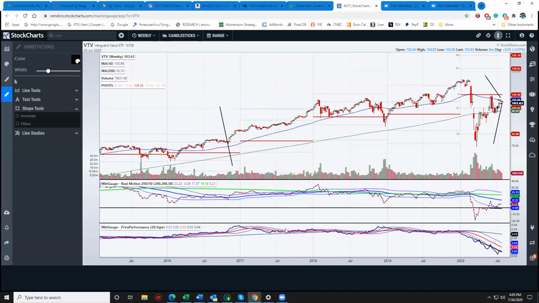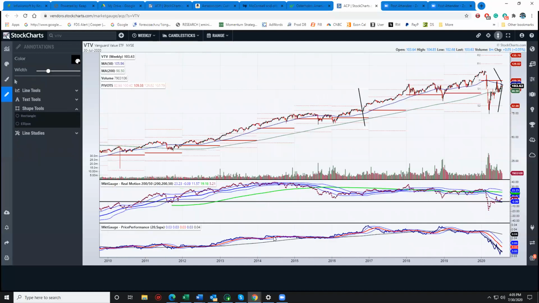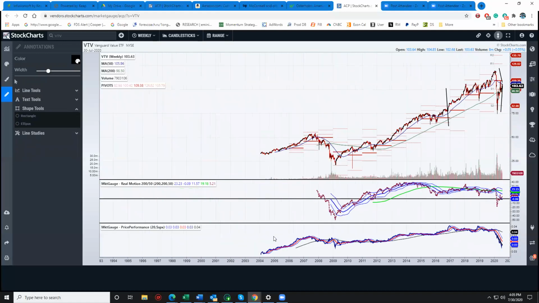And I mean, this theme of value versus the S&P, you can see we've really trailed off here. And this is going back quite some time. So the value stocks here, really since the beginning part of 2019, really falling apart. Now, let's take a look at growth.